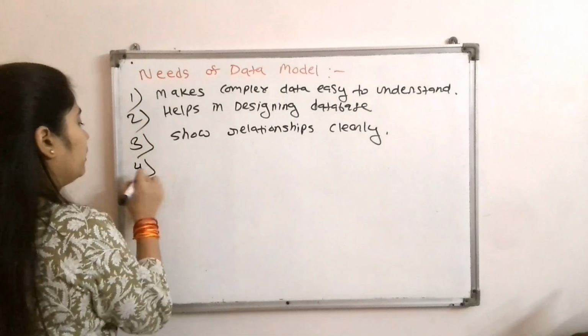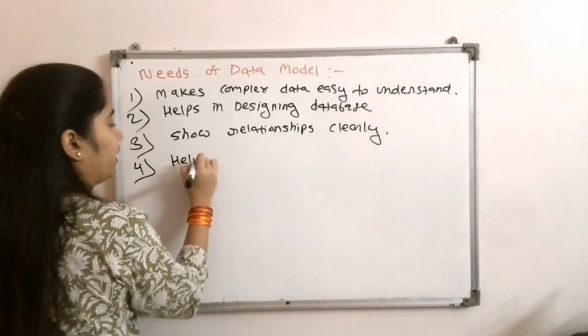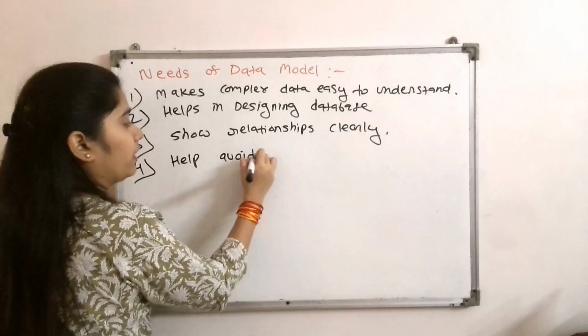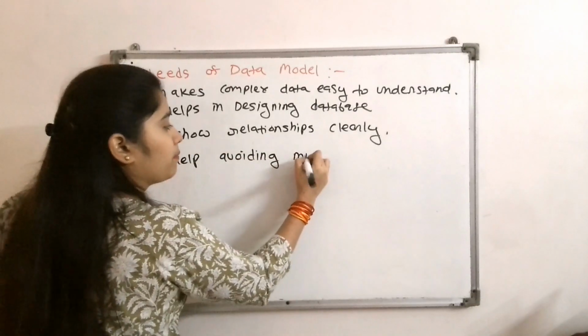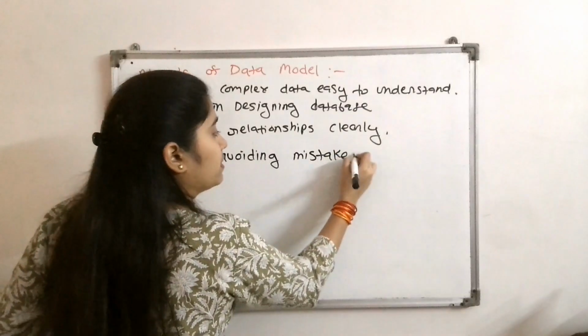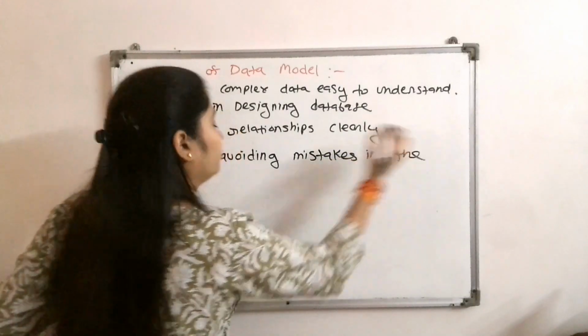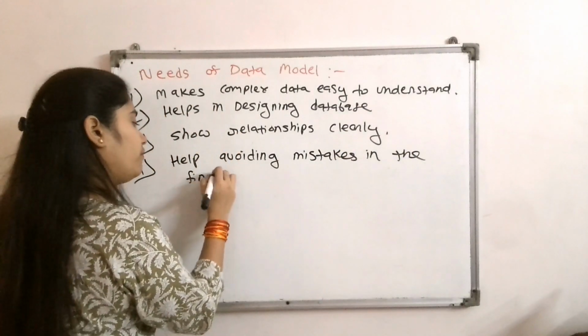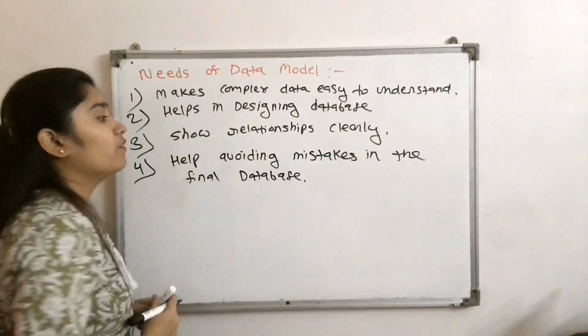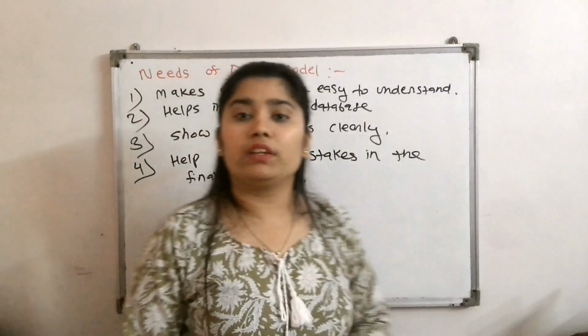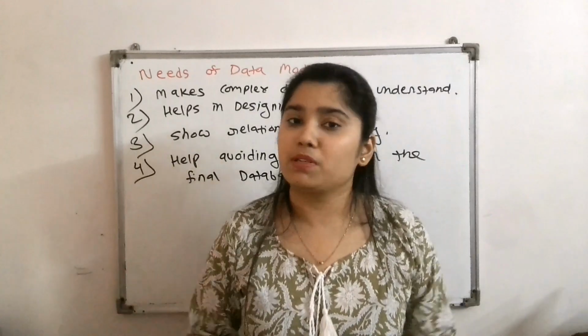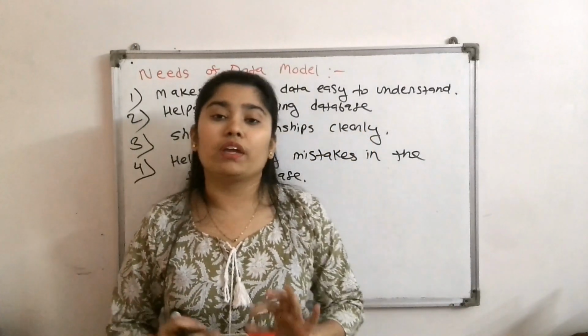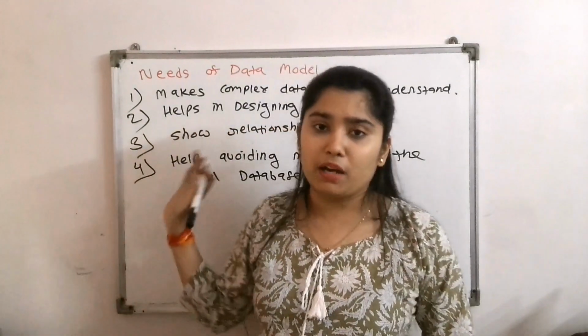And the fourth need is that it helps avoid mistakes in the final database. Which I have also told you in the ER model, that the database designer is doing this with the help of the data models.